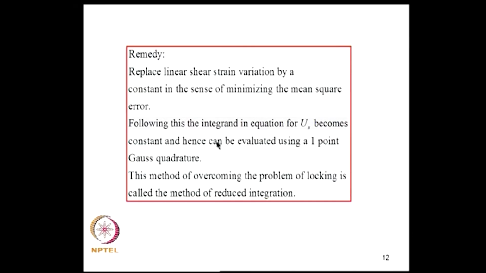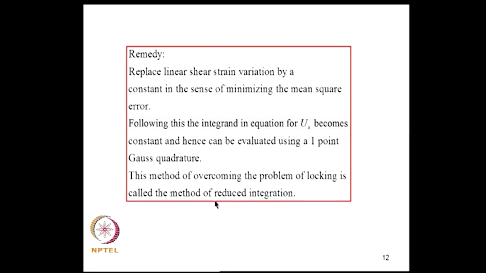Following this, the integrand in the equation for US becomes constant and hence can be evaluated using a one point Gauss quadrature. The moment we do this, the locking problem will be eliminated, and this method of overcoming locking is called the method of reduced integration.